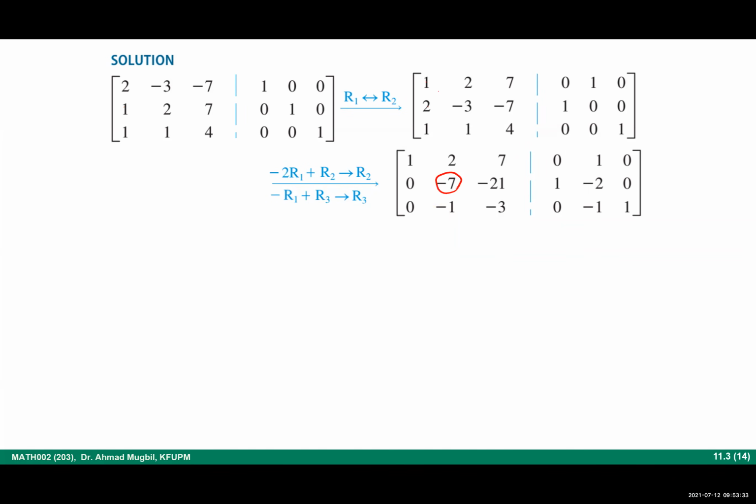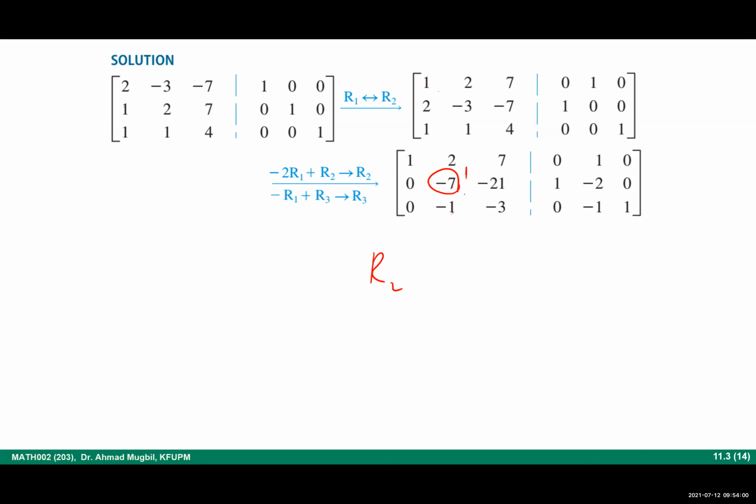To make this 1, we cannot use row number 1 anymore now. You can use row number 3, like multiplying row number 3 by what? If you want to make this 1, multiply it by -8, and it will be a long operation. There is an easier option. What is it? Multiply the second row by what, to make this equal to 1?